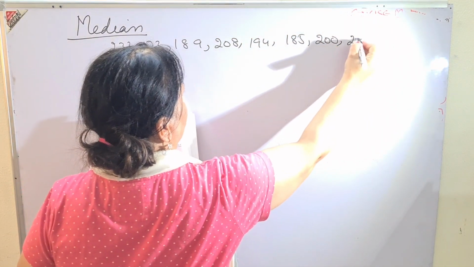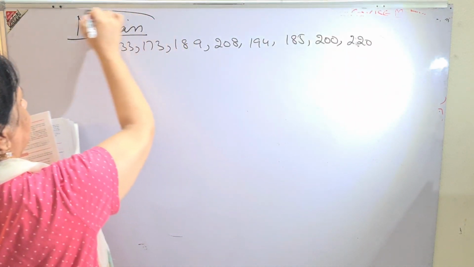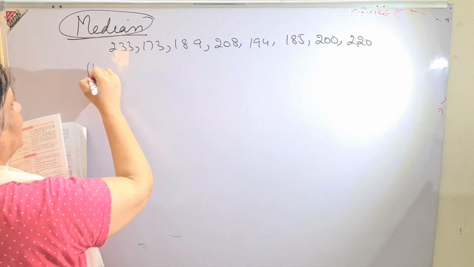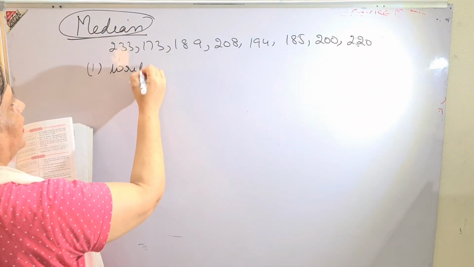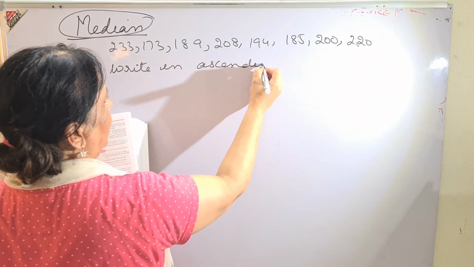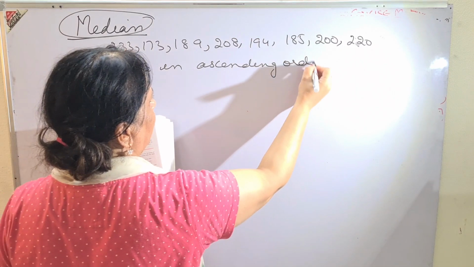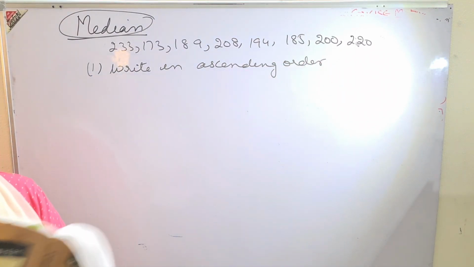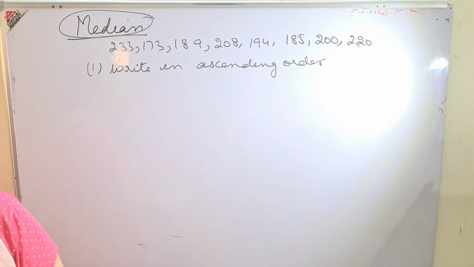To find median, first step is write in ascending order. Ascending means from small to big.